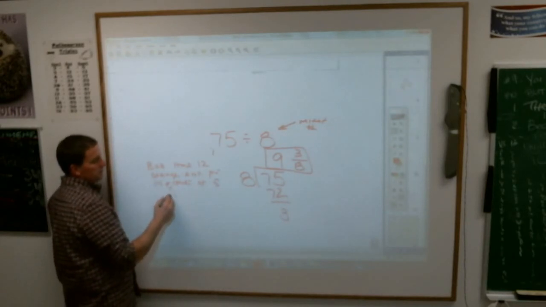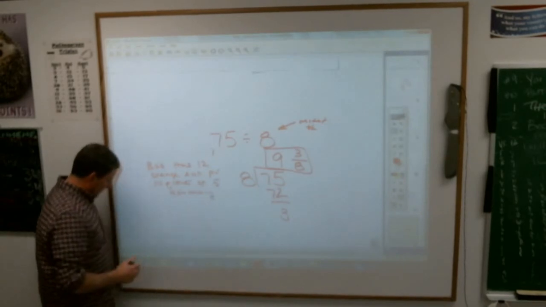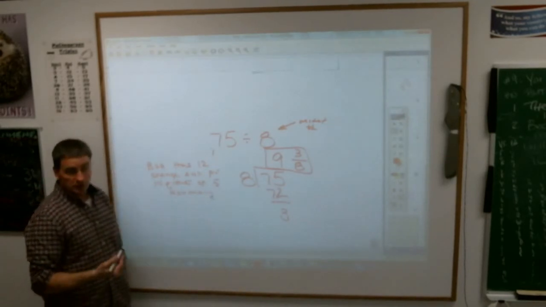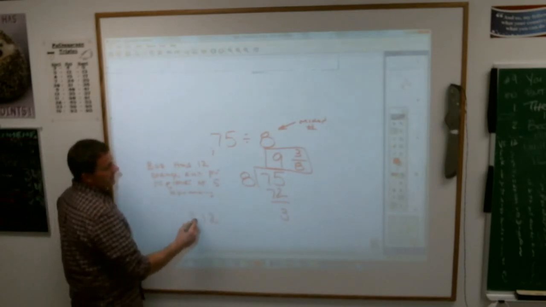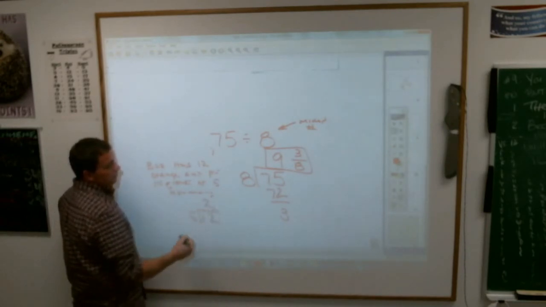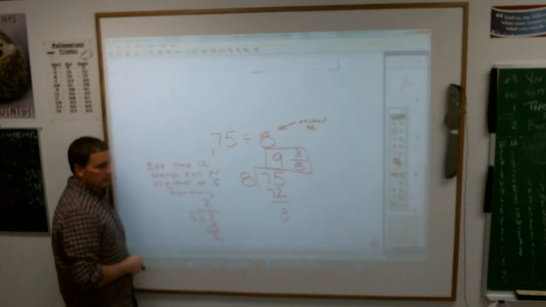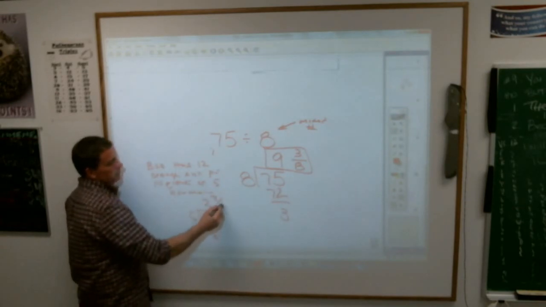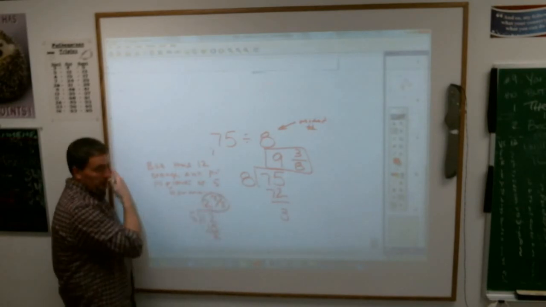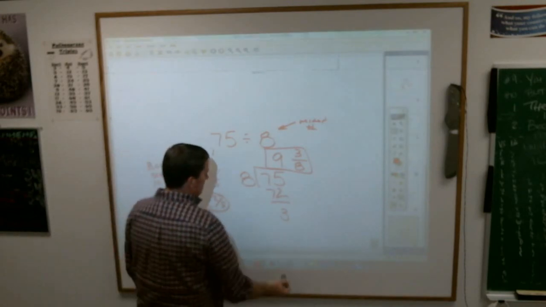How many are in each group? You can't have a remainder of an orange, so you're going to leave it as a fraction. You're going to take 12 divided by 5, which is 2. There's 2 whole oranges, and what fraction of another orange? 2/5. So make sure you read the story problems.